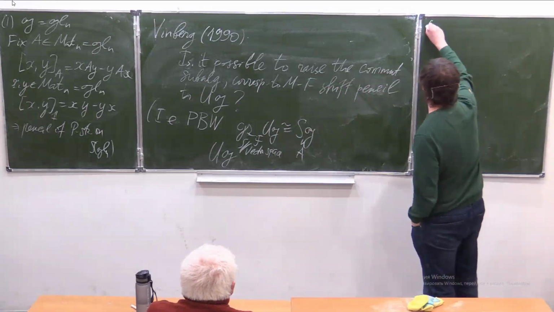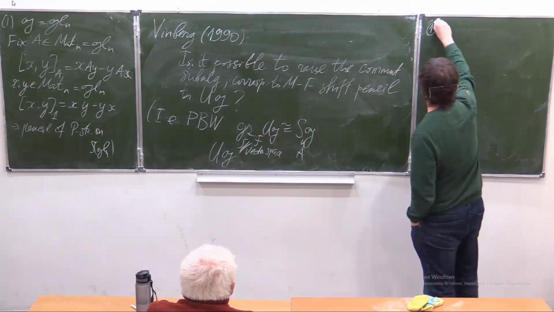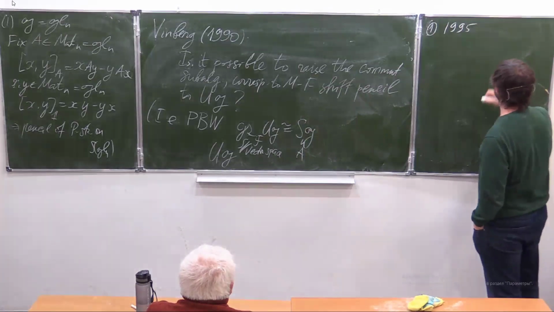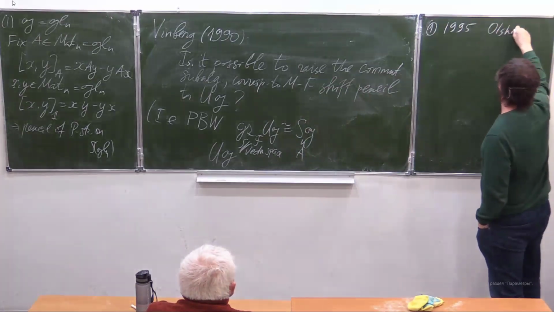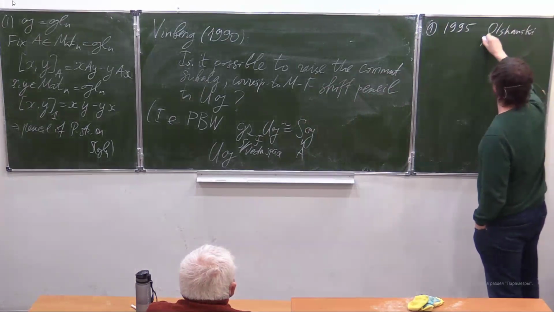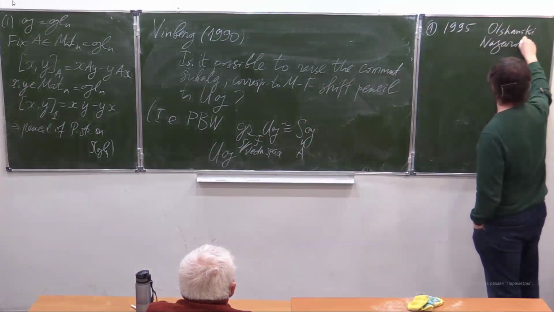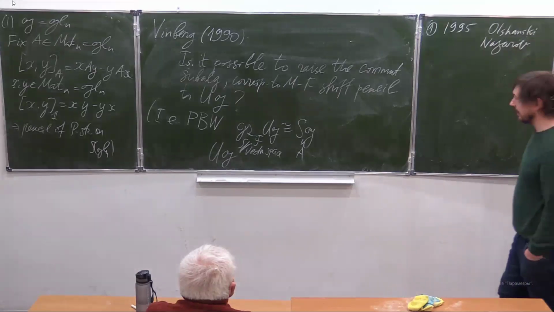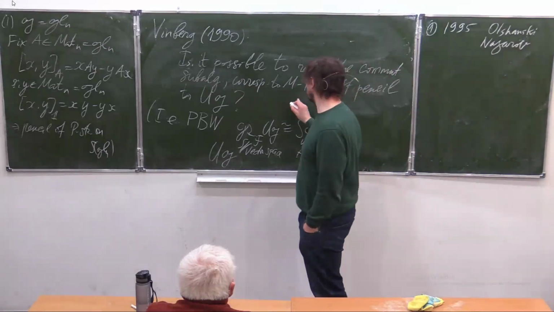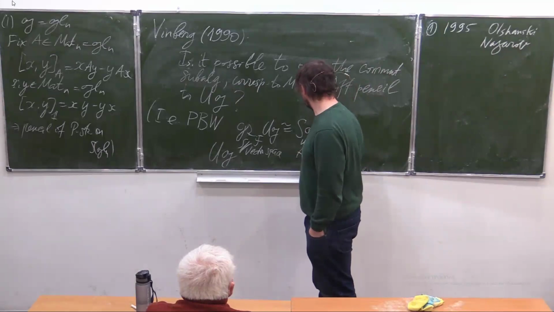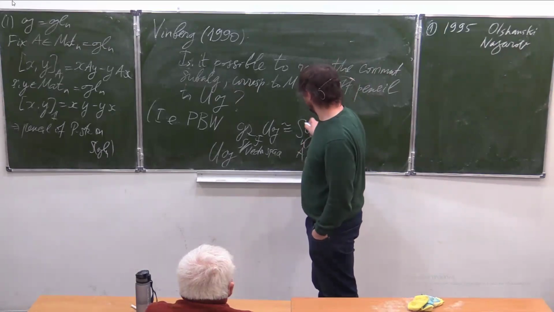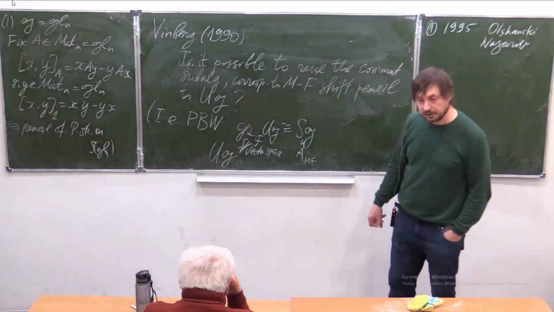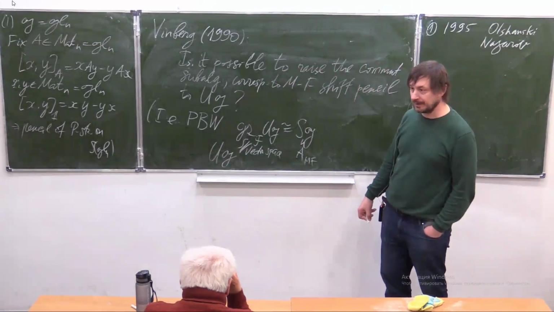First of all, in about 1995, I think, Ol'shanskii and Nazarov developed the theory of twisted Yangians and showed that one can actually raise this algebra, the Mishchenko-Fomenko algebra, from SG to a commutative subalgebra in UG. They did it not for all Lie algebras, but only for classical series.